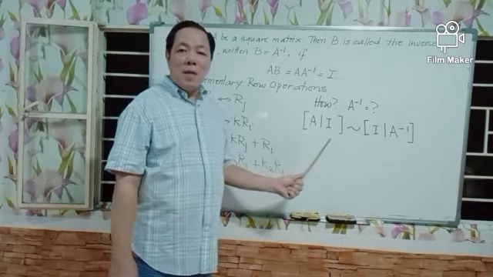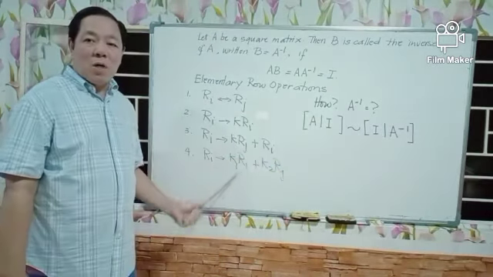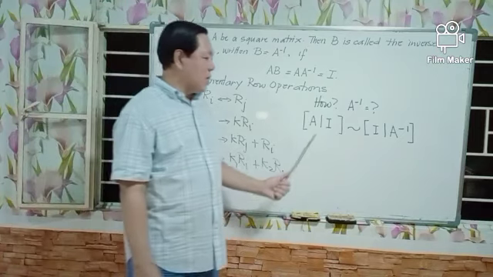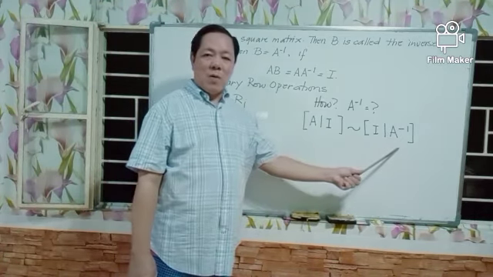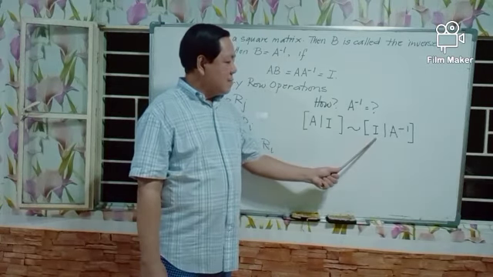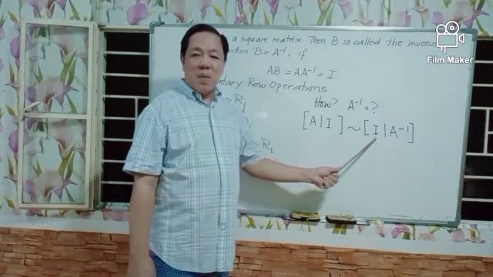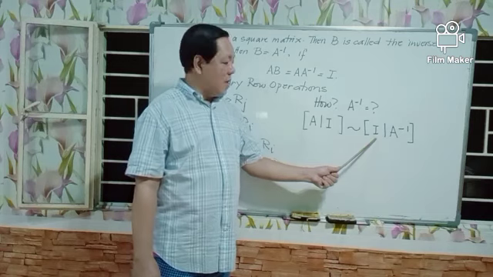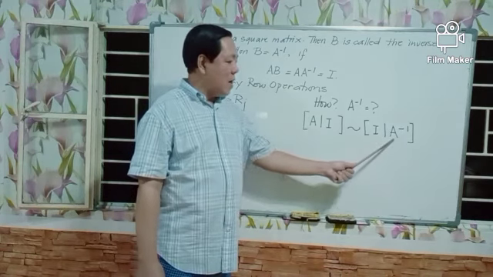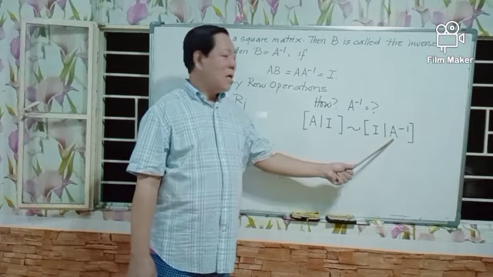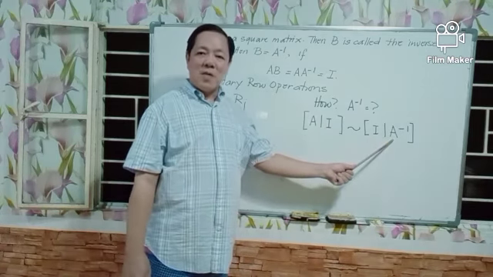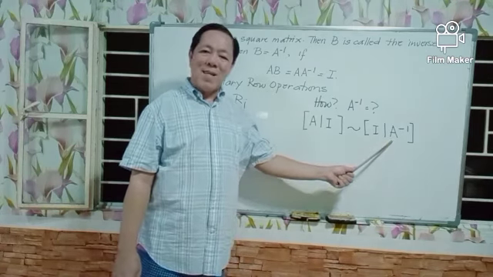And using one or more of these elementary operations, we transform this matrix into a matrix of this form. The first matrix now is the identity matrix, followed by a square matrix, and the second square matrix is now the inverse of matrix A, denoted by A to the minus 1.